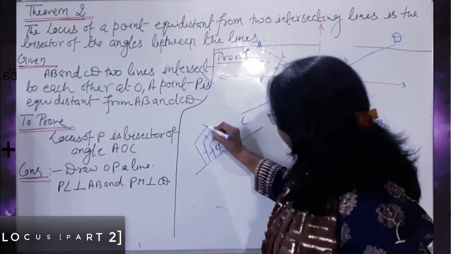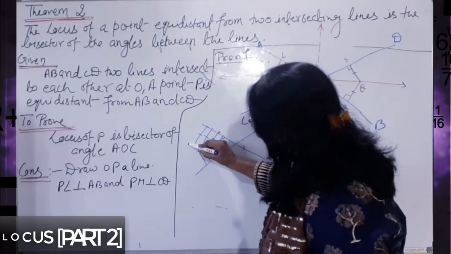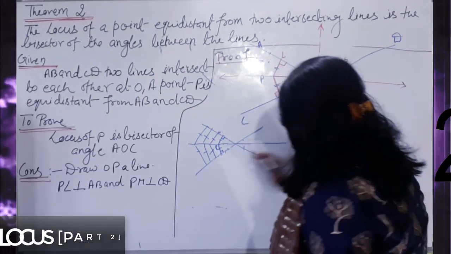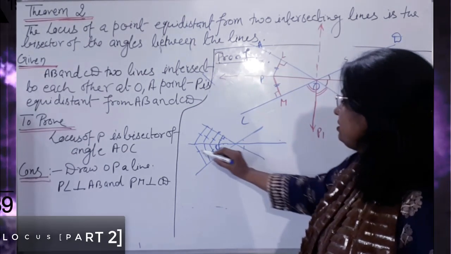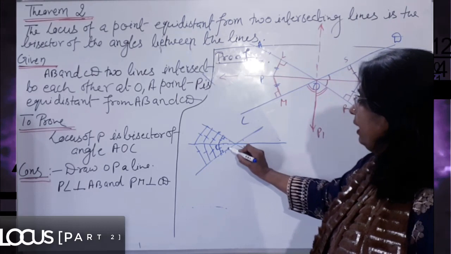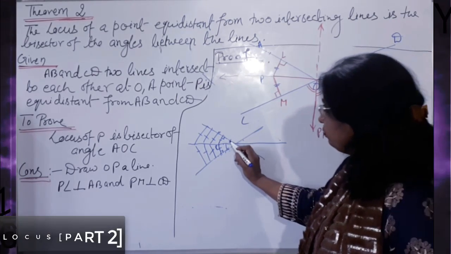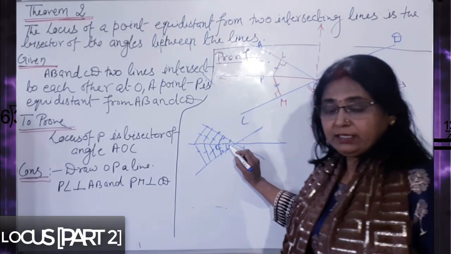Then your theorem says the locus of all the points like this, on this side also, are the bisector of this angle. Is it the bisector of this angle? That means you have to prove this angle is equal to this angle.